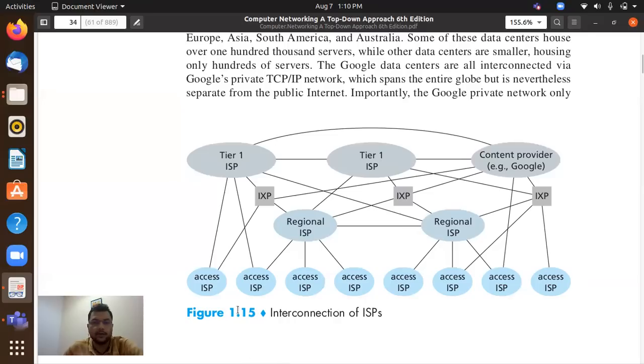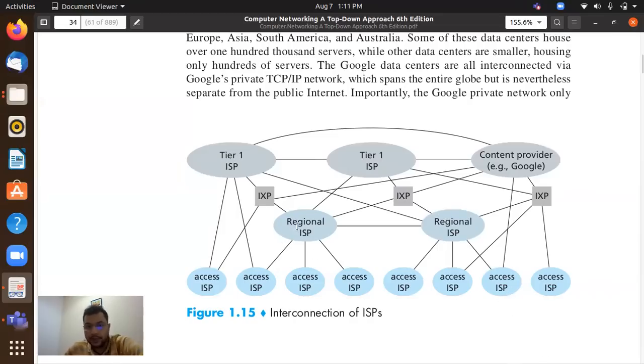One scenario is that once you send a message or traffic to this access service provider, it will pass it on to the regional internet service provider. Now it has two options. This regional service provider can pass it on to the tier 1, and from the tier 1 it can come back and then pass it on to this access service provider and eventually to the user.